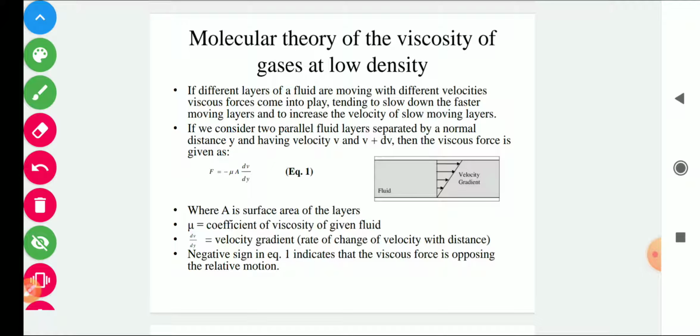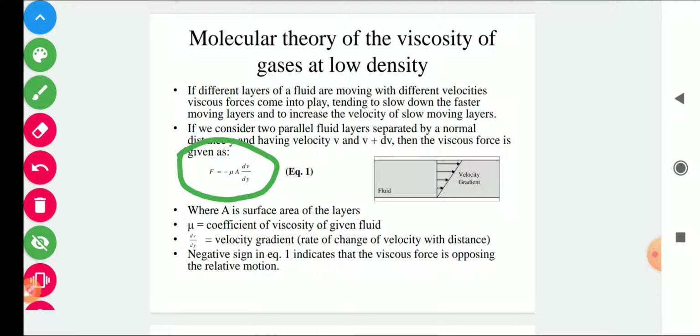If we consider two parallel fluid layers separated by a normal distance y and having velocity v and v plus dv, then the viscous force is given as F equal to mu A dv by dy.